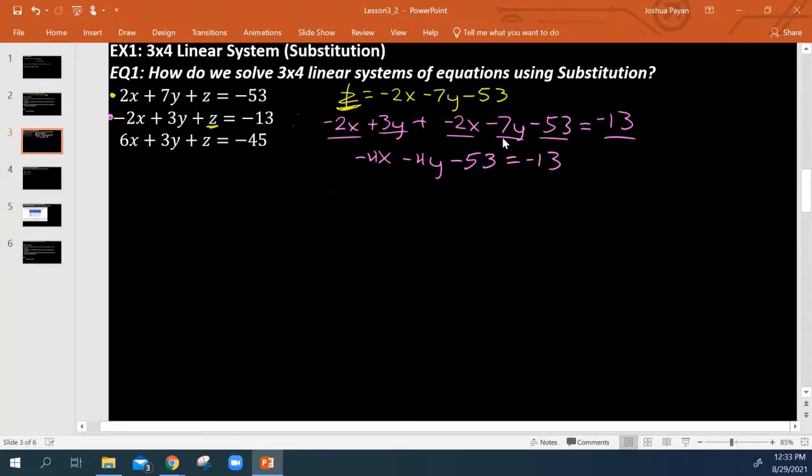So I'm underlining to show that everything's been accounted for. This is important because it helps you stay organized.